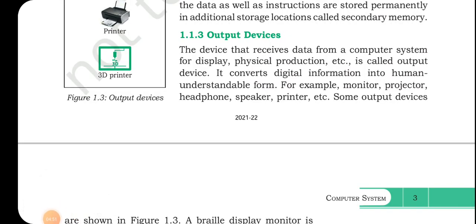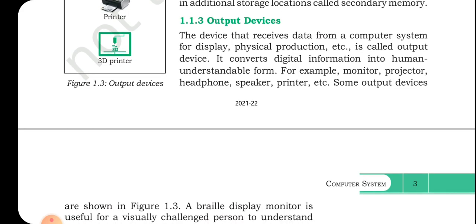Output devices in 1.1.3. The device that receives data from a computer system for display, physical production, etc., is called an output device. It converts the digital information into human understandable form.